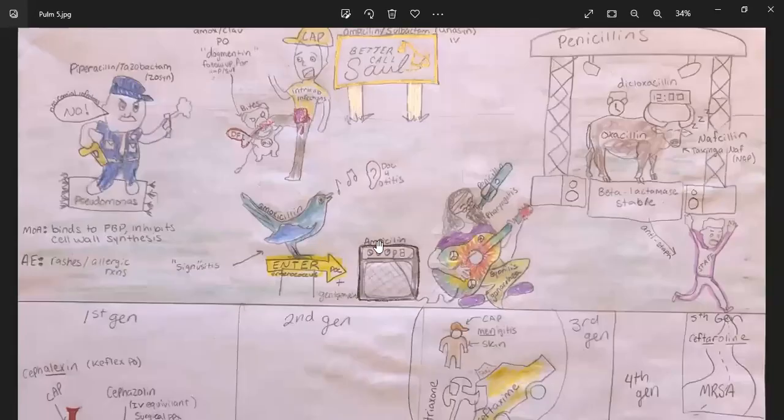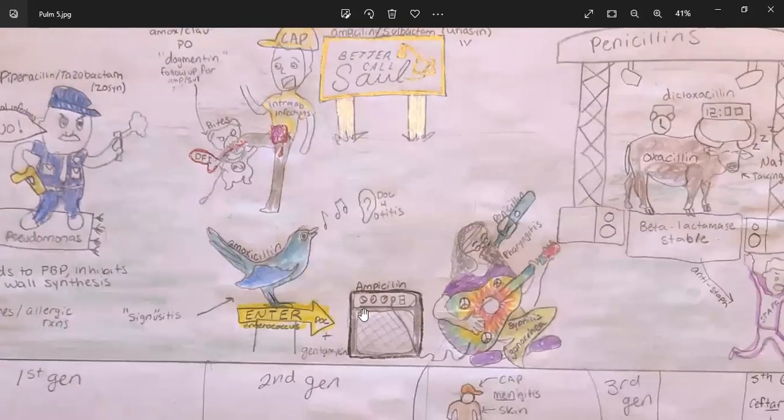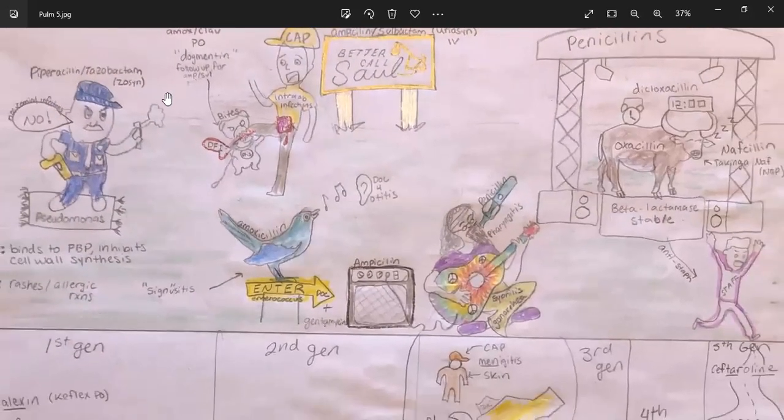Next, I'm going to talk about our penicillins. So this scene is at an outdoor concert. We have a lot going on here. There was obviously supposed to be someone singing, but this ox came in, he took over the stage, this hippie, he's smoking like a vape pen, pen for penicillin, vape pen.